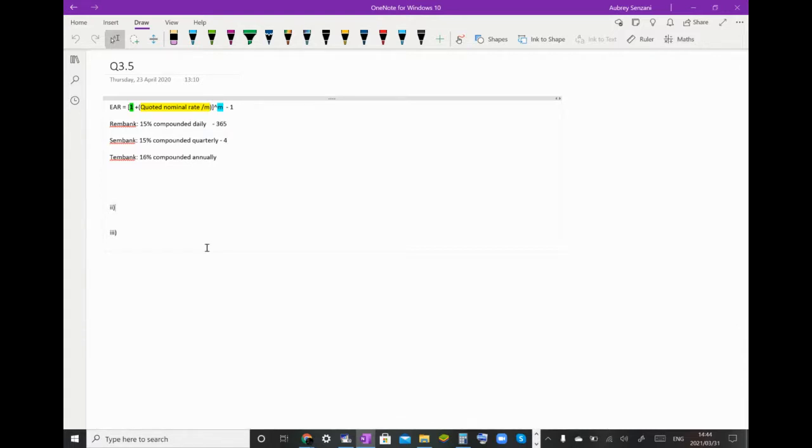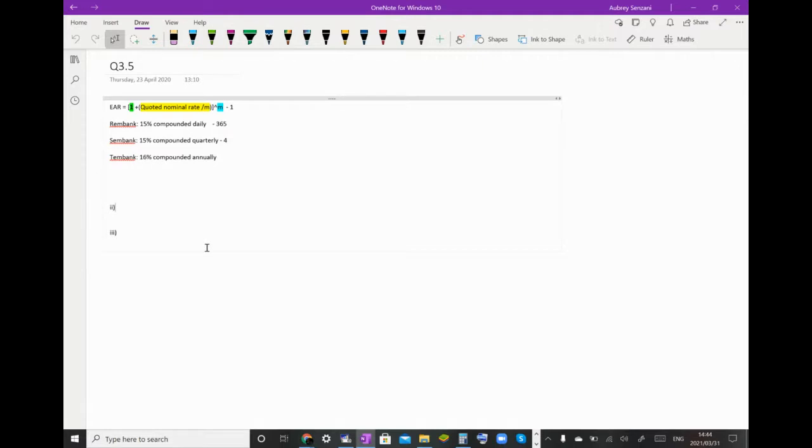Under the required, it says: calculate the effective rates for each of the three plans on offer, rank the three options from most preferable to least preferable to an investor, and rank the three options from most preferable to least preferable to a borrower.